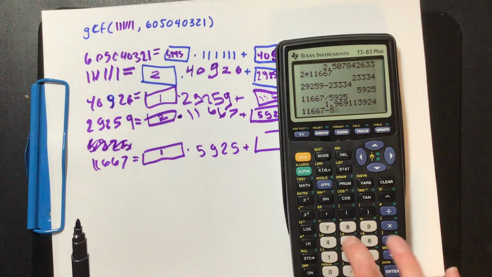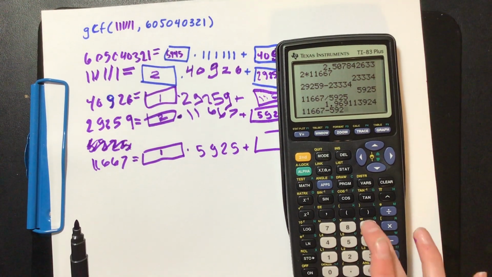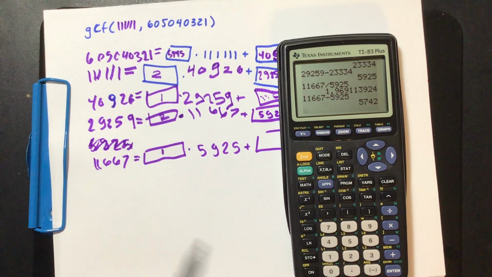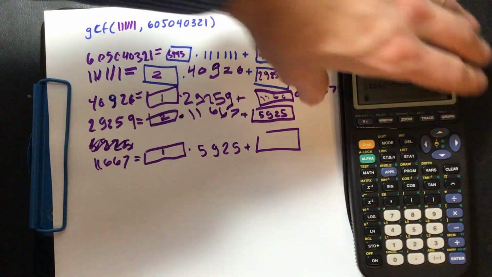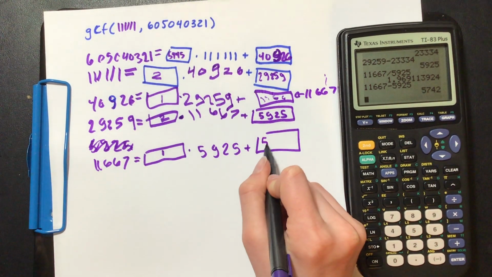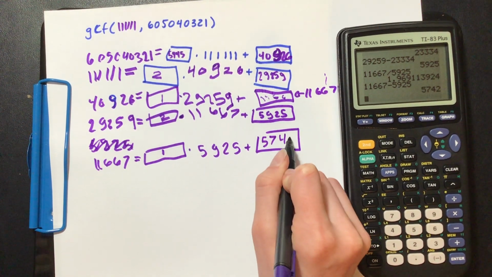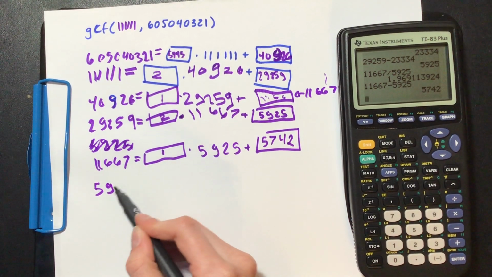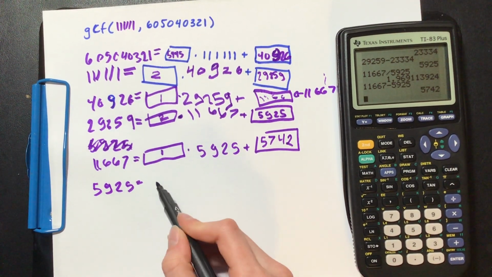No. That hardly went down at all. But they are getting smaller, so this will eventually end. The problem was we just kind of picked two numbers.